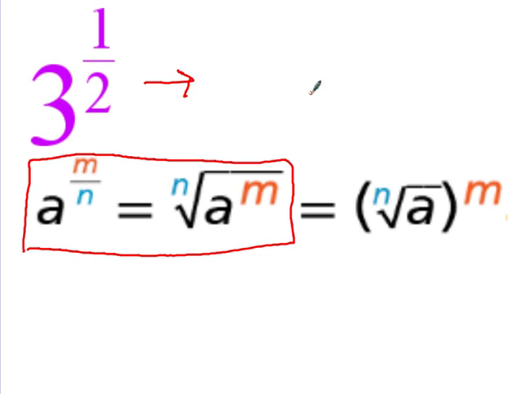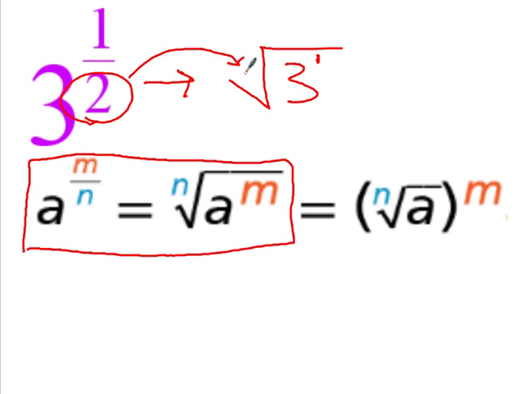So this 3 to the 1/2 here, if I look at my formula, my numerator stays as an exponent under the radical sign. So I'm going to have the square root. I keep my base under the radical. Okay, so my base was 3, so I'm taking the square root of 3. But this numerator is my new exponent underneath the radical. And then my denominator here is what root I'm looking for.